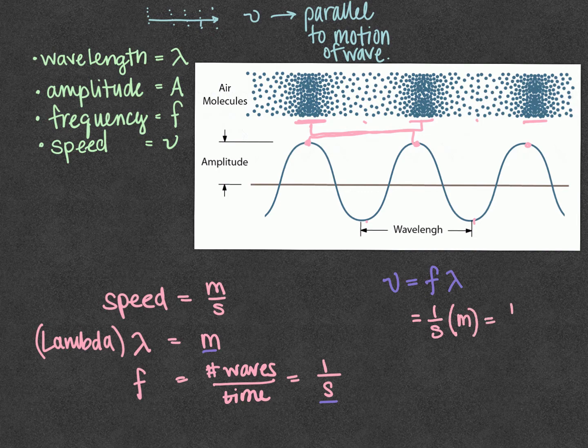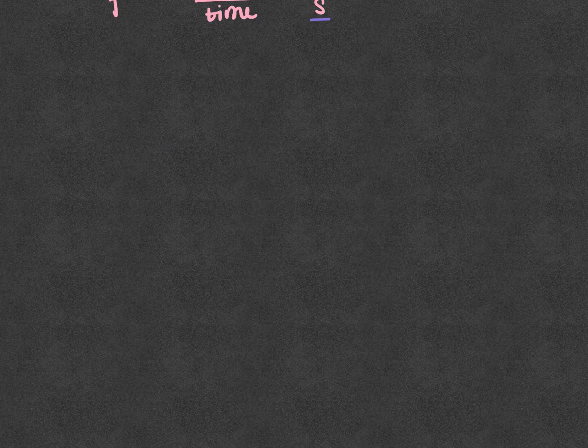That gives me meters per second. So the speed of a wave is equal to frequency times wavelength. And remember, the symbol for wavelength is lambda, a Greek letter.